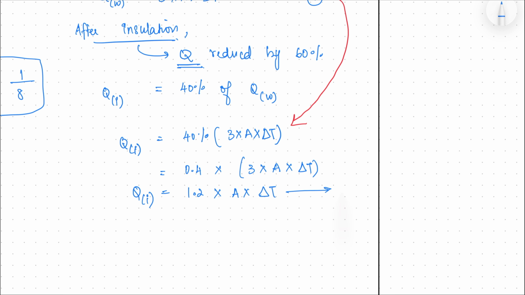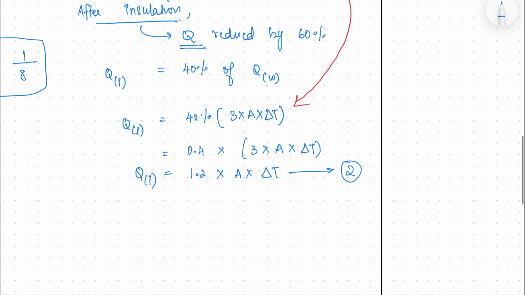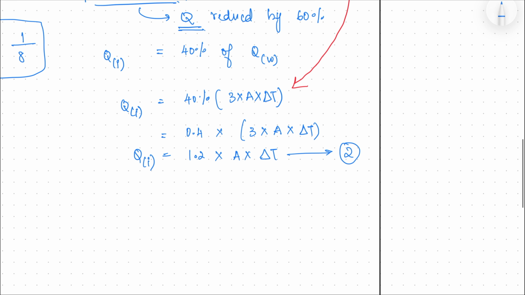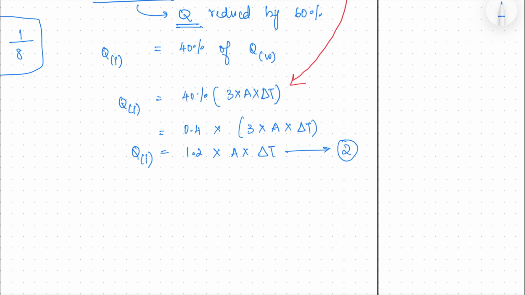Now let's write it as our equation 2. If I ask you what is the heat gain of the roof after the insulation, your formula would be U value of the insulation into area into delta T, right? Let's keep this as our equation 3 and let's equate 2 and 3.